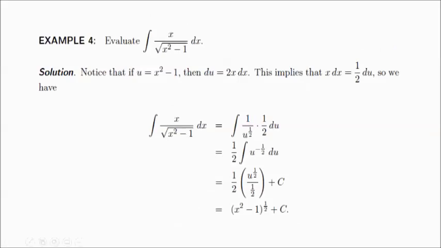So another. Integral ng x over square root ng x squared minus 1. So yung u natin dito class is yung nasa loob ng square root. So x squared minus 1. Then derivative nito is 2x dx. Okay?